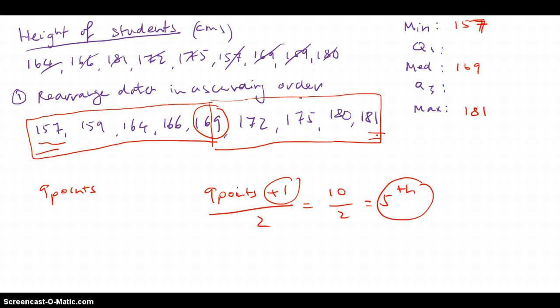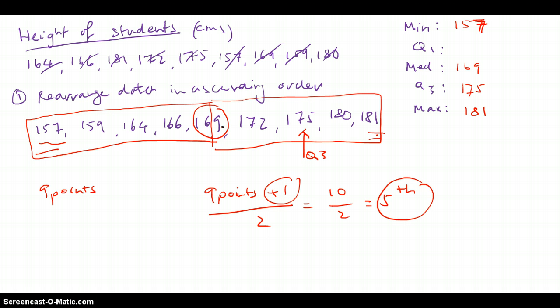So what's going to be in between these 2 points right here? We just need to count that your quartile is going to be 169, 172, 175. This point right here is going to be our Q3. So it's going to be 175.